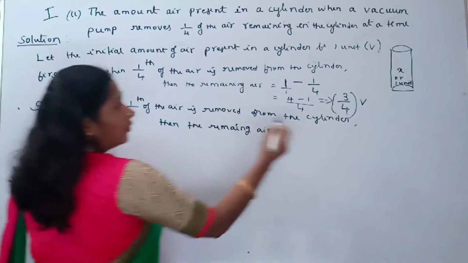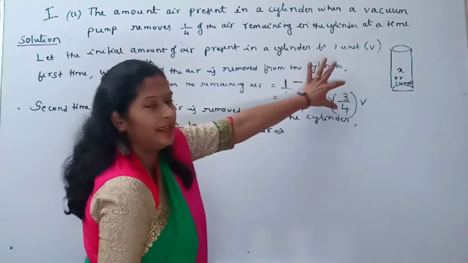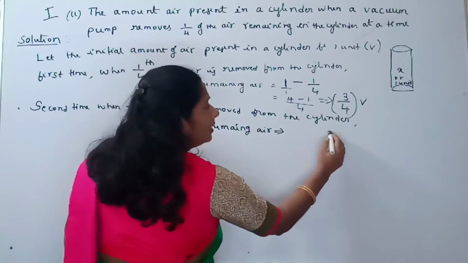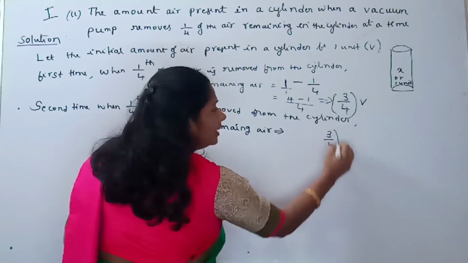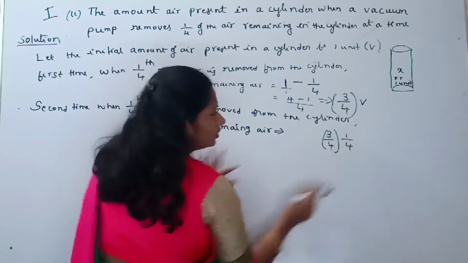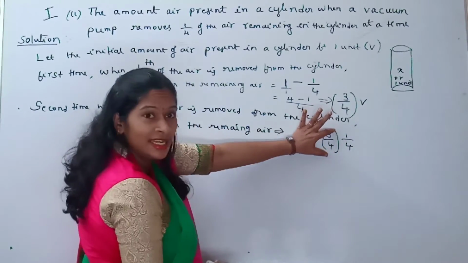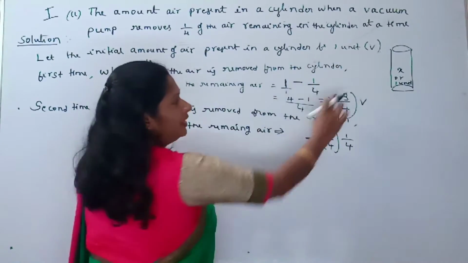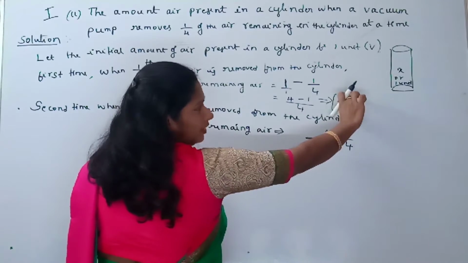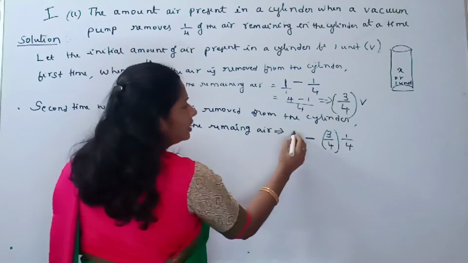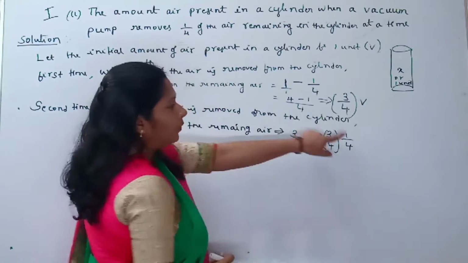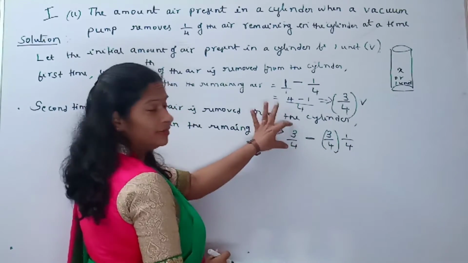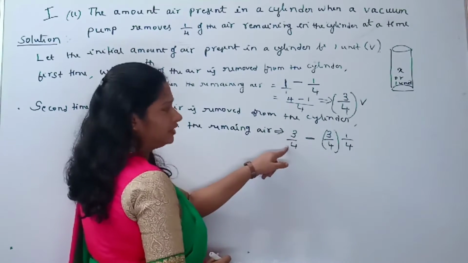See, now the remaining air in the cylinder is 3/4. Clear? Now 1/4 of the remaining air is removed from the remaining air. Remaining air is how much? It is 3/4. So 3/4 you write. 1/4 of the remaining air is removed from the remaining air, that is 3/4.